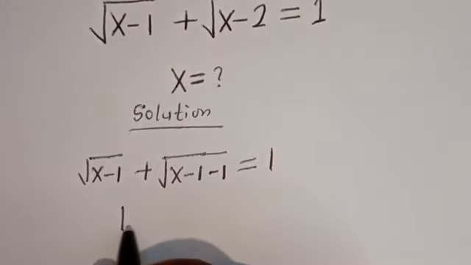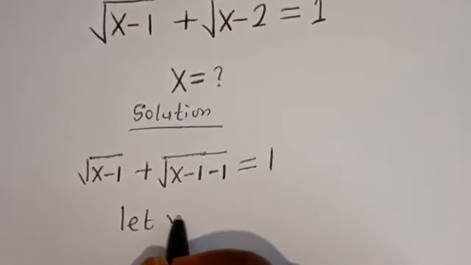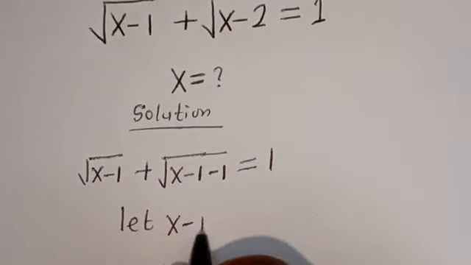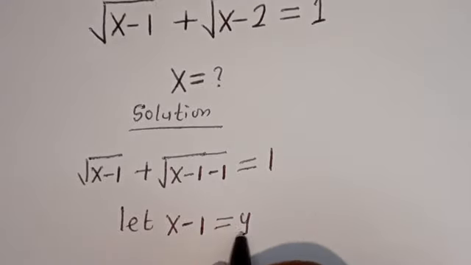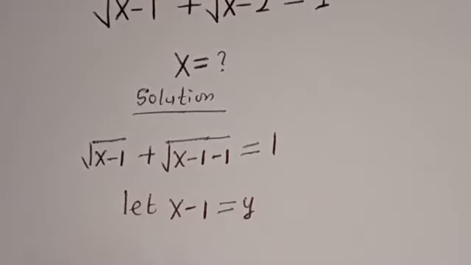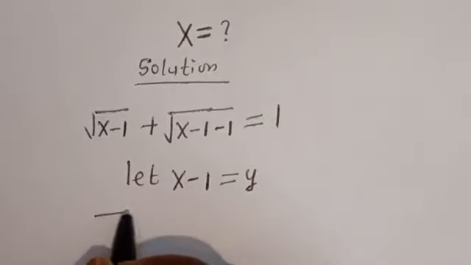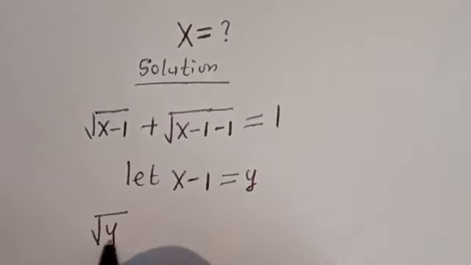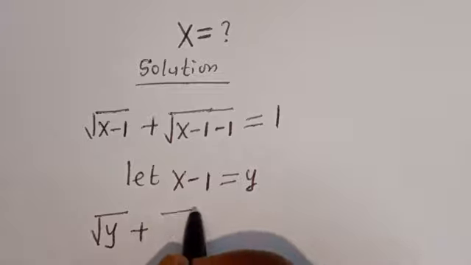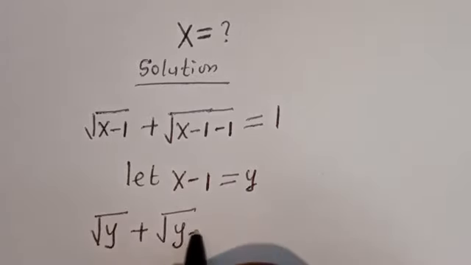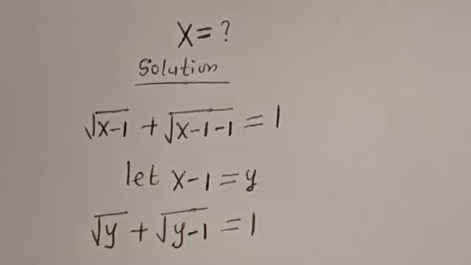Now let x minus 1 is equal to y. So this can be written as square root of y plus square root of y minus 1 is equal to 1.